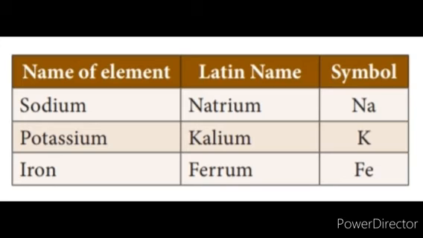Sodium we put Na as the symbol, because the old Latin name is Natrium. Potassium, by the rules, we could take P only, but here we use K, because the Latin name is kalium. Iron's Latin name is ferrum, that's why we use the first 2 letters Fe. And copper is also the same. Cuprum is the Latin name, so we use Cu.